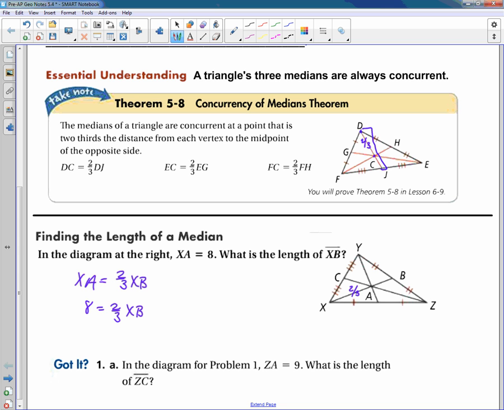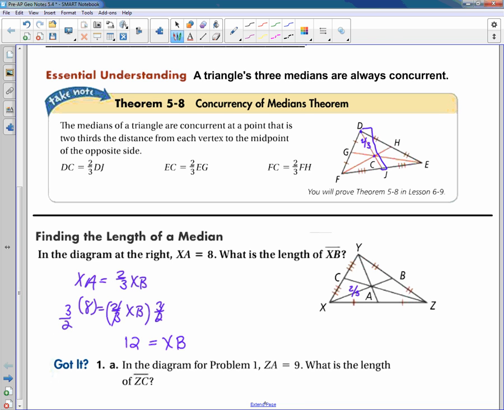In order to solve this, I am going to multiply both sides by the reciprocal, which is 3 over 2. And that will allow me to get the answer for XB. And so 3 times 8 would be 24, divided by 2 would be 12. So 12 would equal XB.